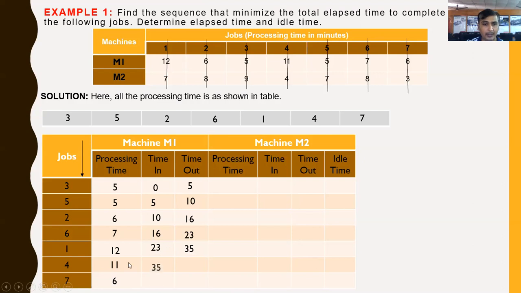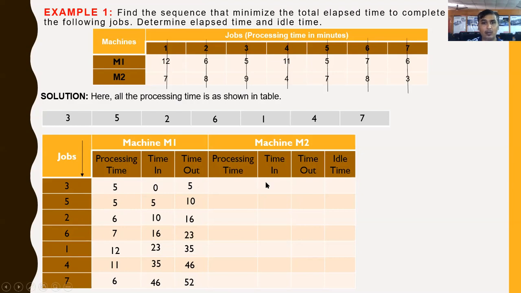Next, 35 plus 11 is equal to 46. In the last, 46 plus 6 is equal to 52. This is a simple calculation, just summation, but you have to take care with the processing time. So machine 1 is completed in 52 minutes; the 7th job is completed in 52 minutes.